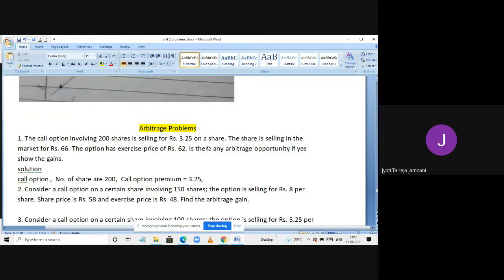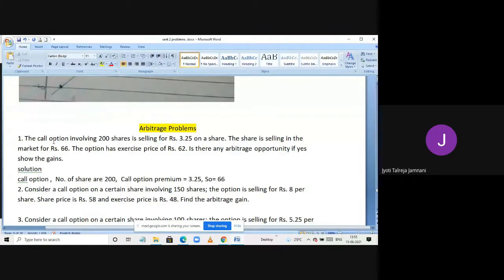Now this 66 is the spot price, the price of the share which is traded in the market. 3.25 was the premium. There they have used the word selling; they mean selling that right. A call option is the right to buy. So if somebody wants that right, they can pay 3.25 rupees to buy that right. And here the share is selling.